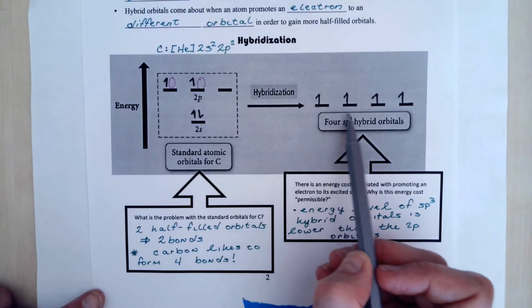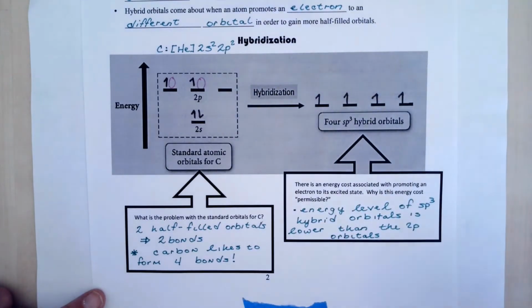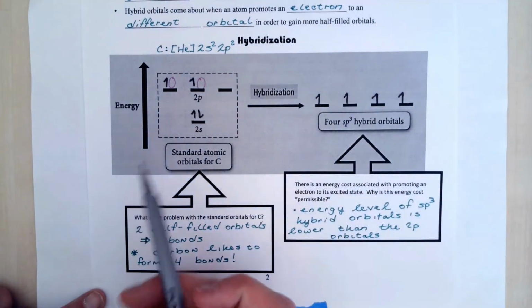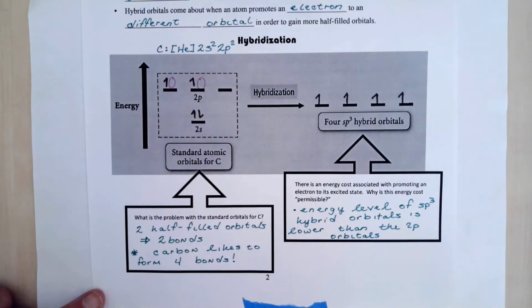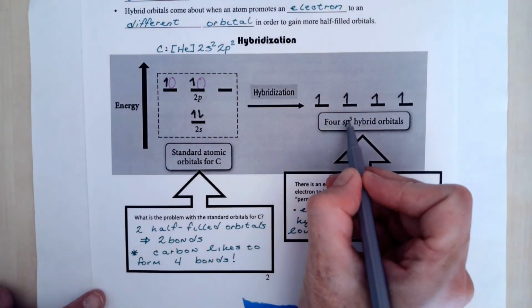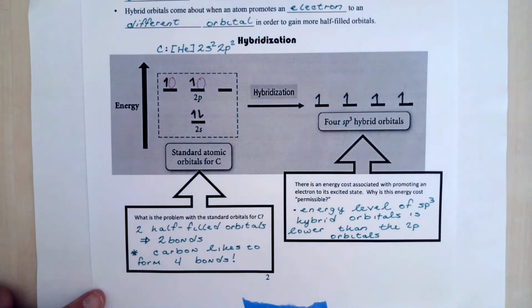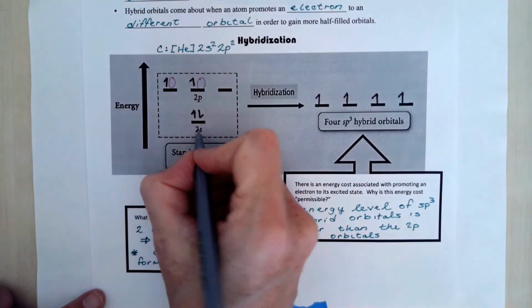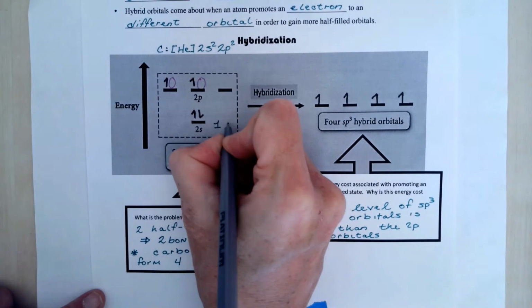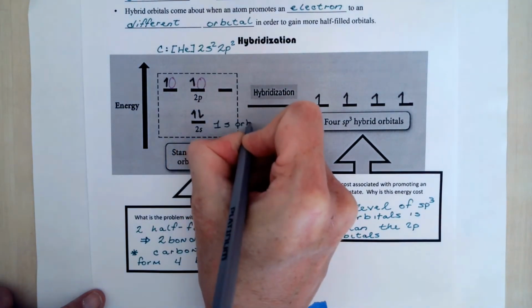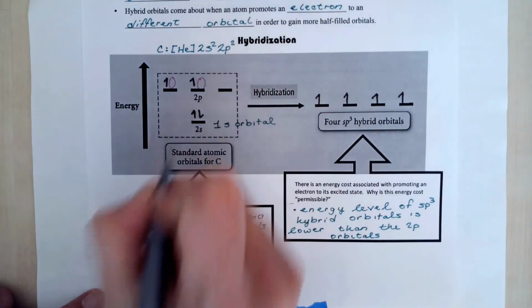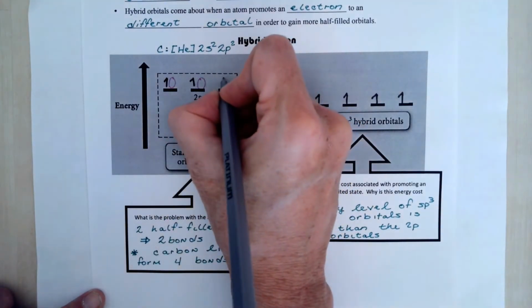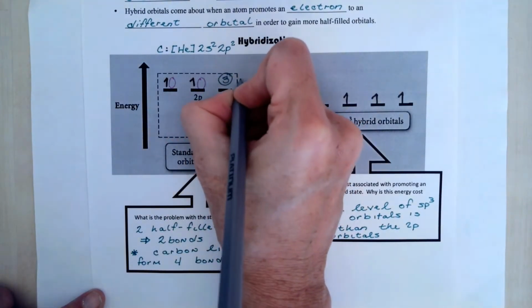So this is a more stable distribution of electrons in these hybrid orbitals than what we were seeing previously with the standard orbitals. The last thing I want to mention in regards to this image is where the sp cubed part comes from. There's 1 s orbital in the original electron configuration and 3 p orbitals.